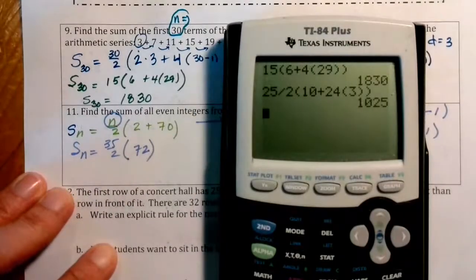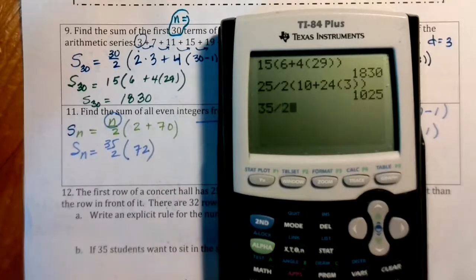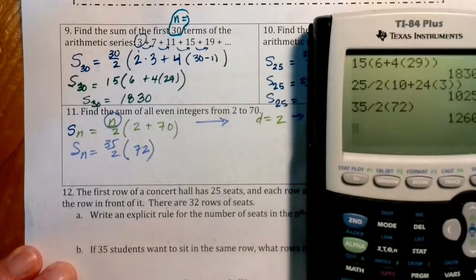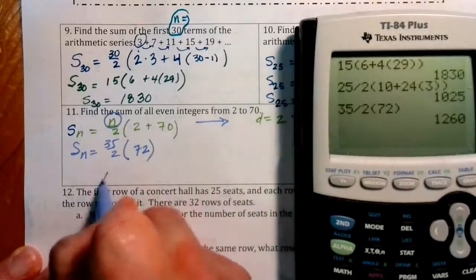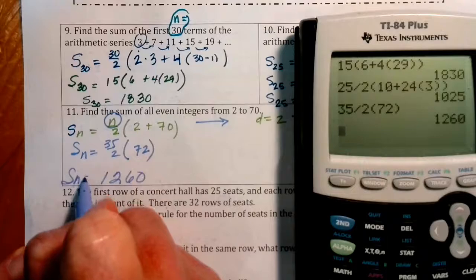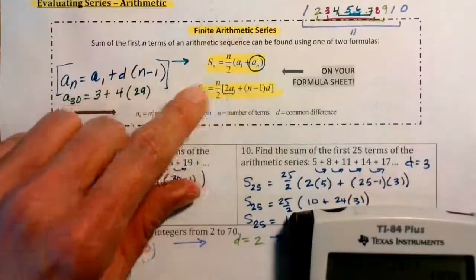When I add up those numbers, 35 divided by 2 times 72, the sum of all the even integers from 2 to 70 is going to be 1,260.